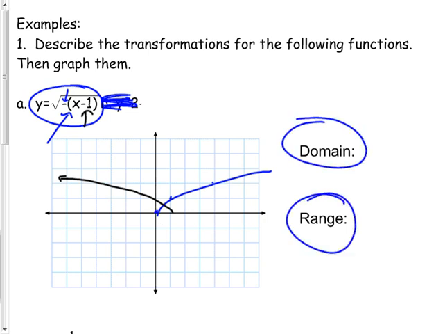The domain on this black function, I'd like you to figure out, domain is the x's. Figure out what the domain of the black function is. Let me pause where you do that. Oh, and also figure out the range.